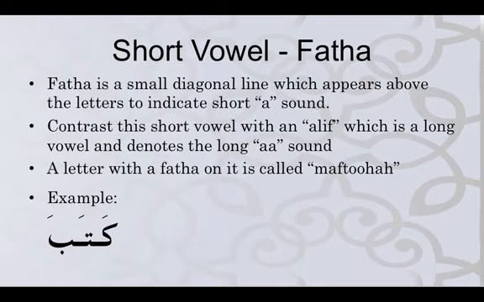In kataba, the kaf has a fatha on it, the ta has a fatha on it, and the ba has a fatha on it. So we say kaf maftuha, ka, ta maftuha, ta, ba maftuha, ba, kataba. Whenever a letter has a fatha on it in the Arabic language, it's called maftuha.